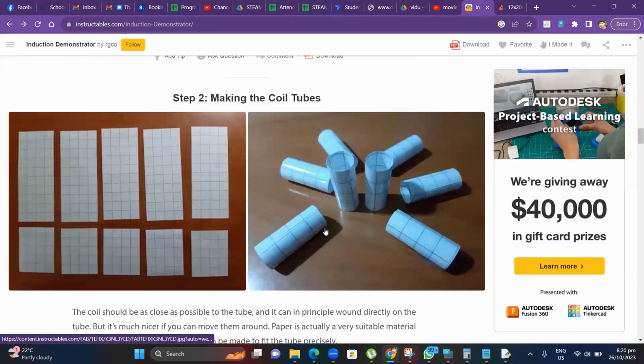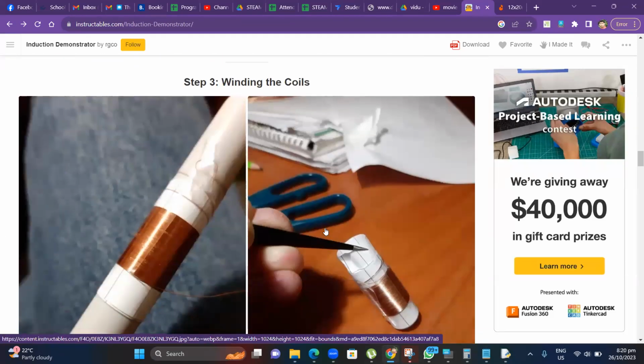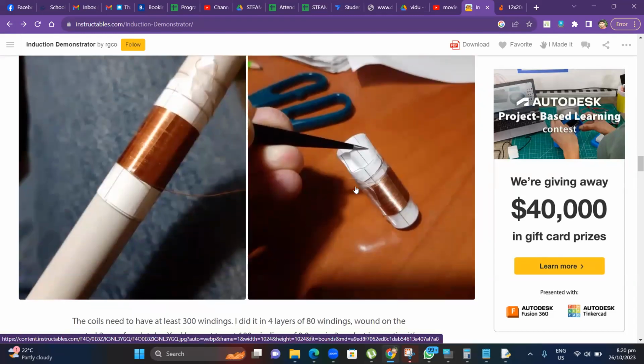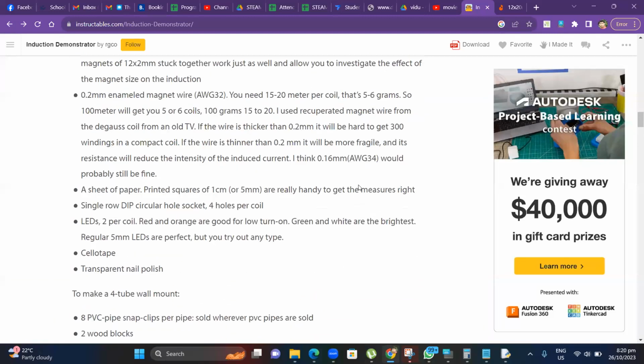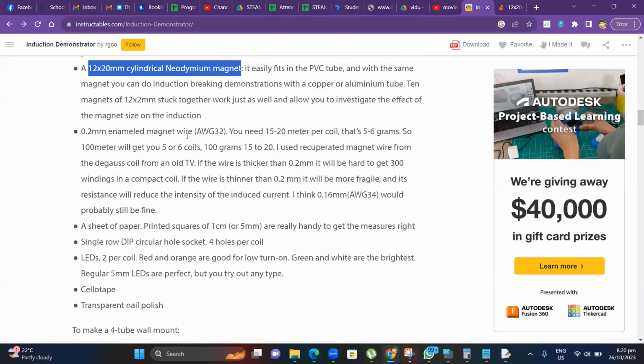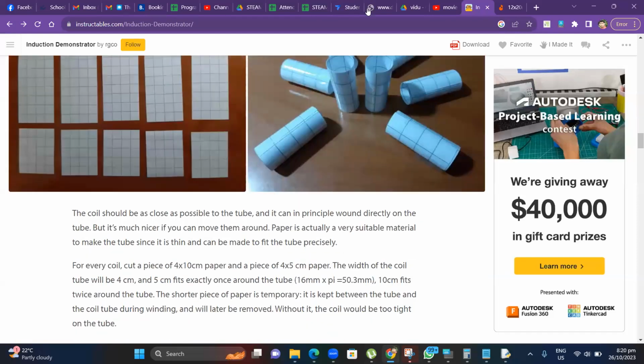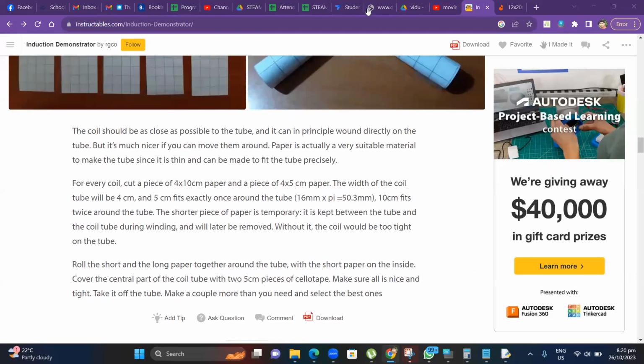And you can see how they are doing this and how the coil is wrapped around. You can see a very thin wire needs to be taken. It's very thin wire. What is the gauge? Here, 0.2 millimeter enameled magnet wire. Right? That's what they have taken.